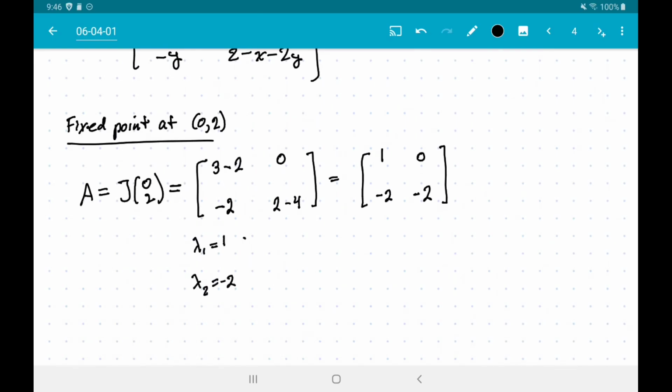But this time, one eigenvalue is 1, and that's positive. The second eigenvalue is negative 2, and that's negative. So since we have one positive and one negative, what kind of fixed point is this?